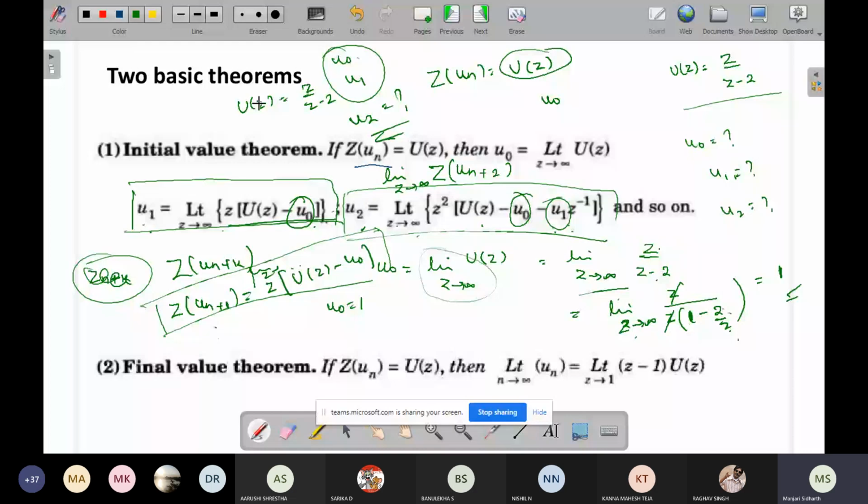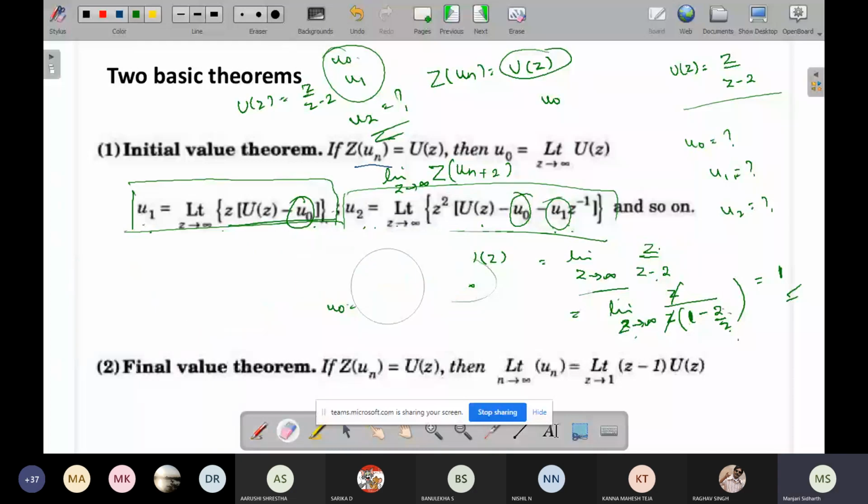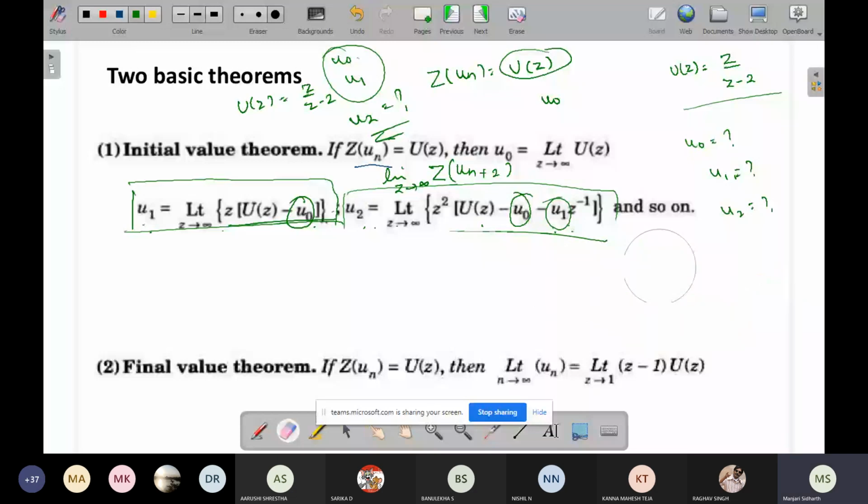Next we have the final value theorem. It is not that important. If the Z transform of u_n is U(z), then you need to check the behavior of u_n, meaning the sequence.